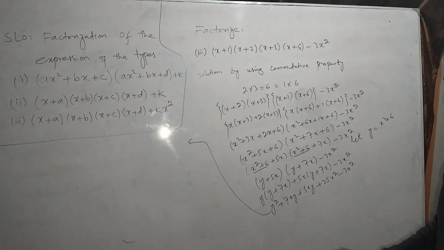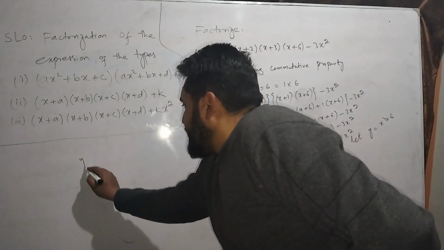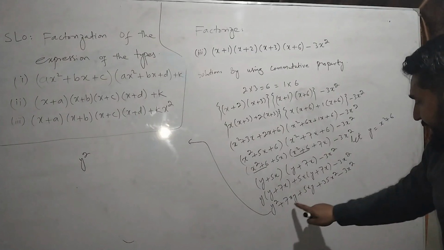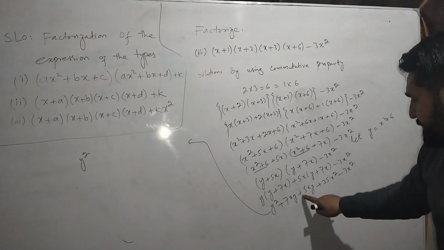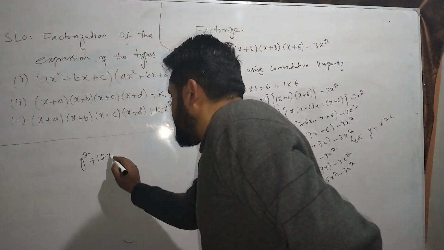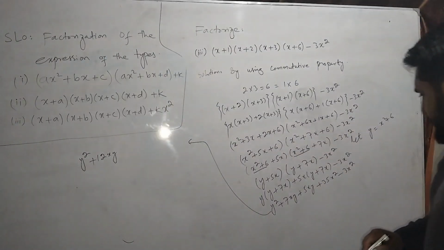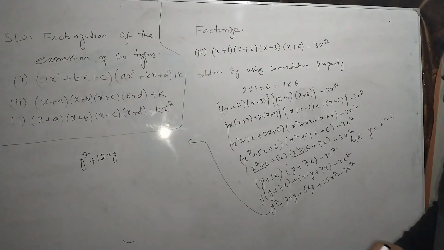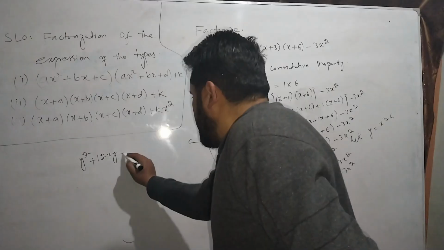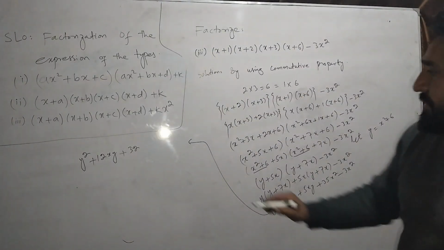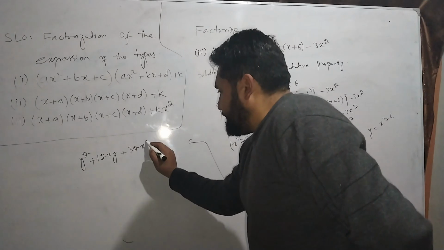Okay, y square, these two are like terms, so 7 plus 5, that is plus 12xy. These two are like terms. If we minus these two, that is plus 32x square.